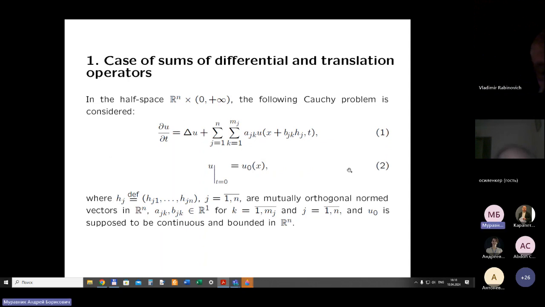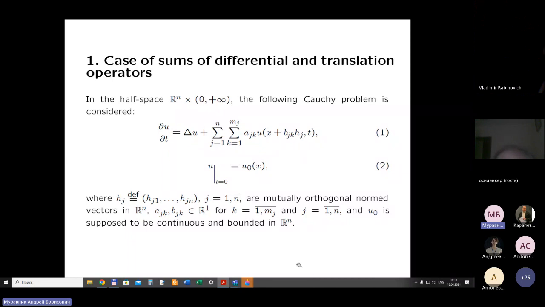So consider the following Cauchy problem. Here, each h_j is an n-dimensional vector in this space. Each h_j is orthogonal to another vector h with another index j.